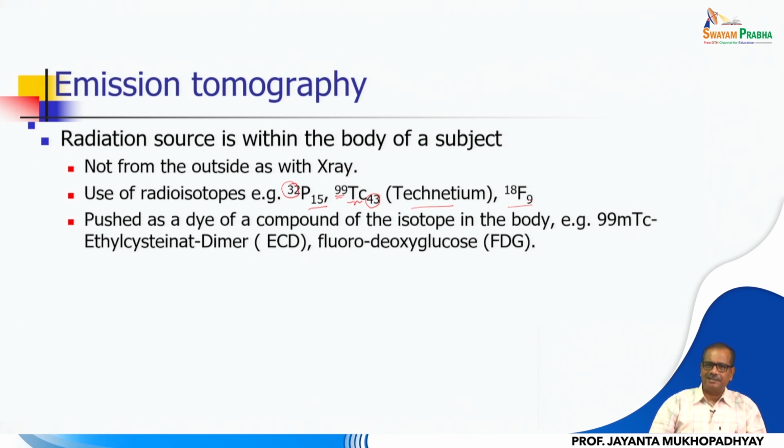It is not that the element itself is pushed, but a compound which contains that element. For example, 99mTc ethyl cysteinate dimer, ECD. This is the form which is more convenient to name. And another one is fluorodeoxyglucose, or FDG. These are different kinds of compounds, or dye, which are injected in the body.